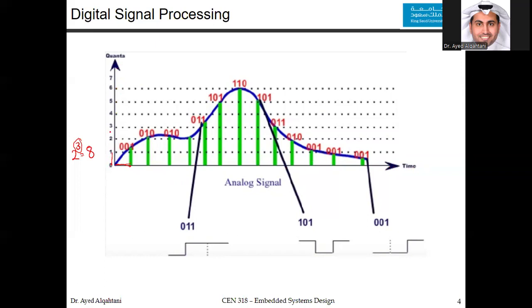And the number of levels, which is 8 in this case, is directly associated with the number of bits representing the digital signal. And from that, we will have the resolution idea. We will discuss it more in the coming slides.